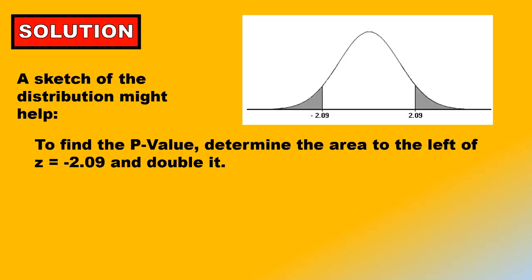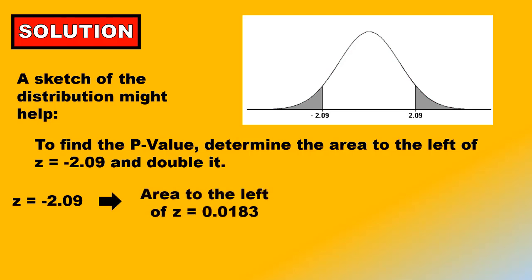So let's go back. So if z is negative 2.09, then the table value was 0.0183. But that's not the p-value. Remember, the p-value is twice that amount. So p is equal to 2 times 0.0183, which is 0.0366.